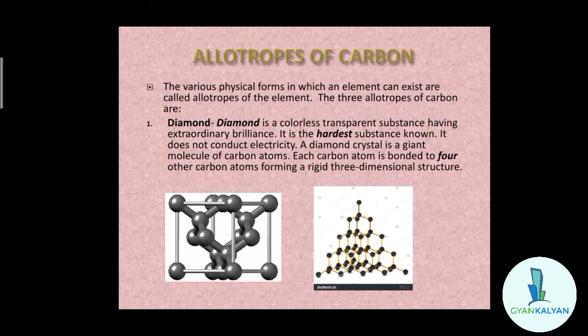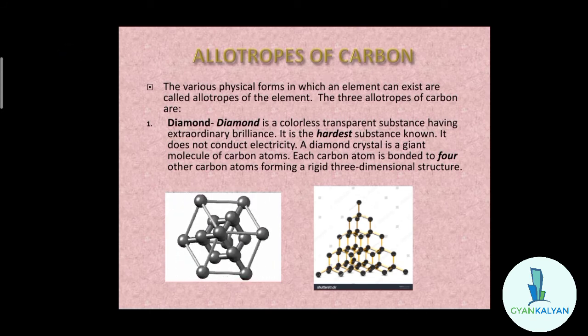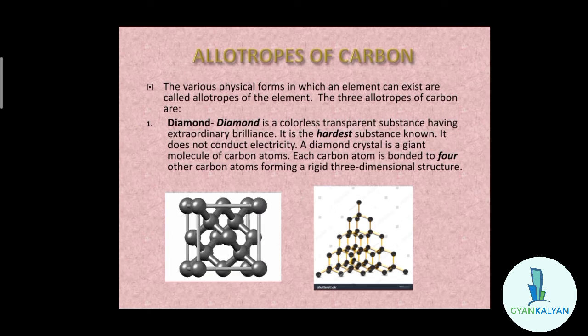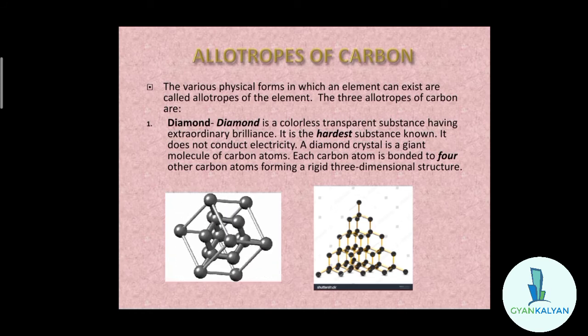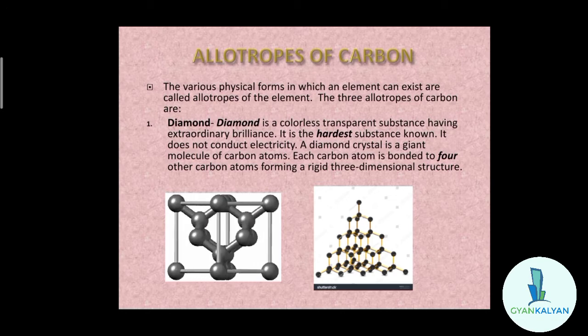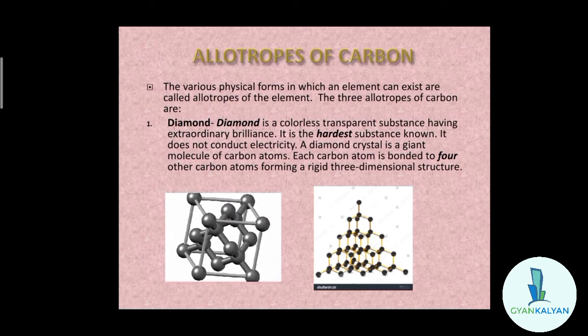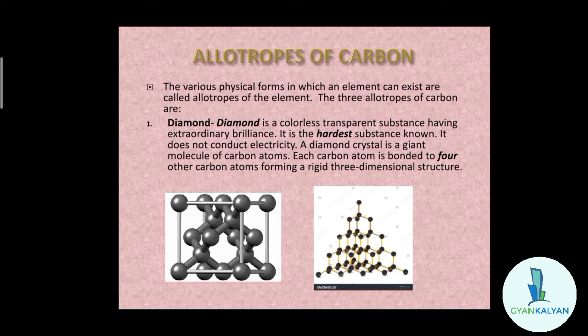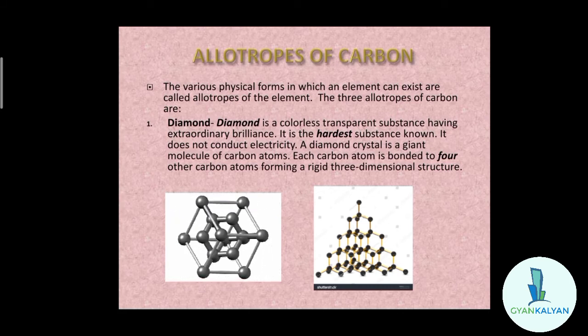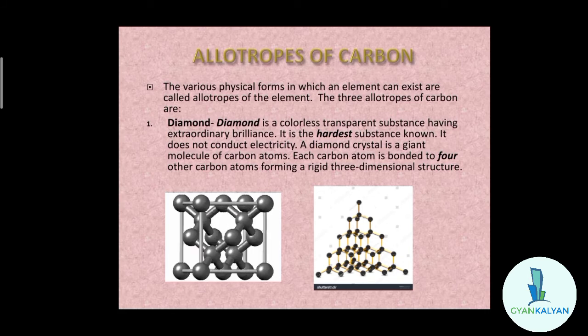So experimentally हम कैसे ये कह सकते हैं कि diamond में सिर्फ carbon atoms ही present है? How can you say that? So what is performed is if you burn diamond, so what will happen? That only carbon dioxide gas is formed and nothing is left behind.